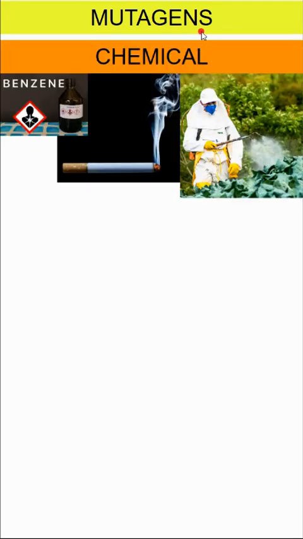So we call these things mutagens. So chemicals, certain additives in the past, we didn't realize they caused mutations, like benzene. Tobacco smoke has been known for a long time now to be a mutagen, and also various pesticides.